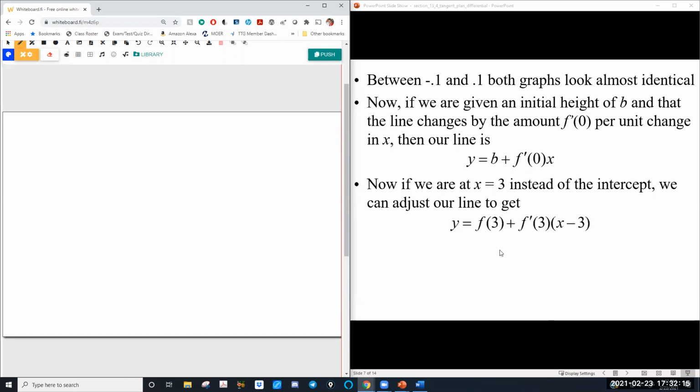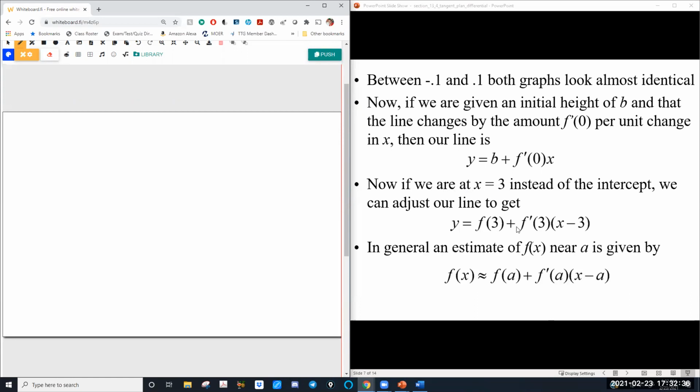Now, the reason I'm using this form is because all I need to find this is the function, its derivative, and the point that I'm finding the tangent line at. So the tangent line at x equals 3, or we could even generalize that at x equals a, is f of a plus f prime of a times x minus a. All right, that's for any function. That's something you guys have done before.